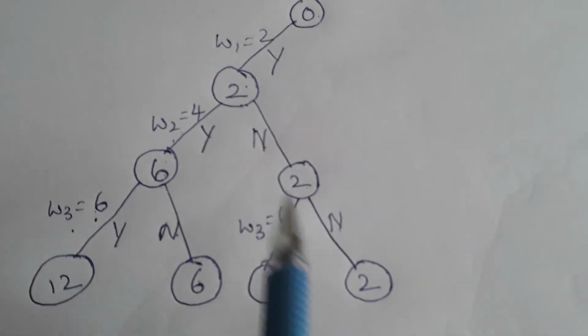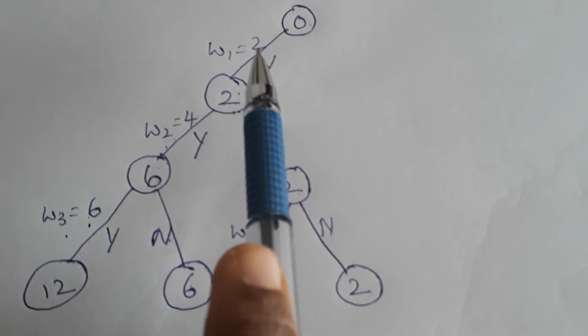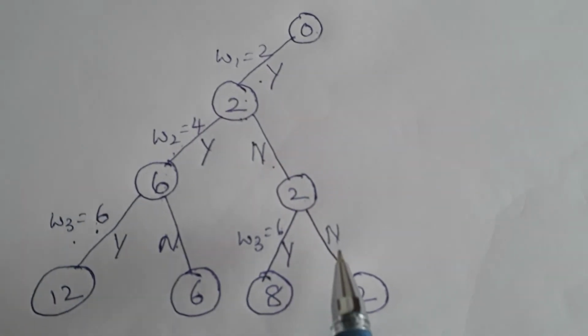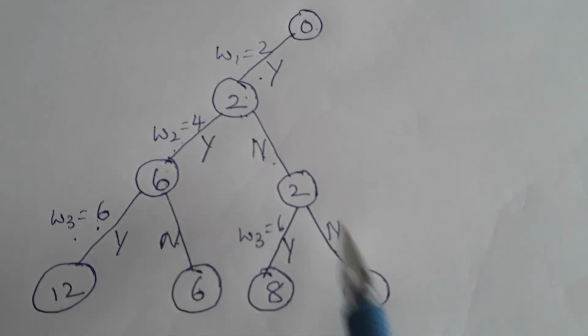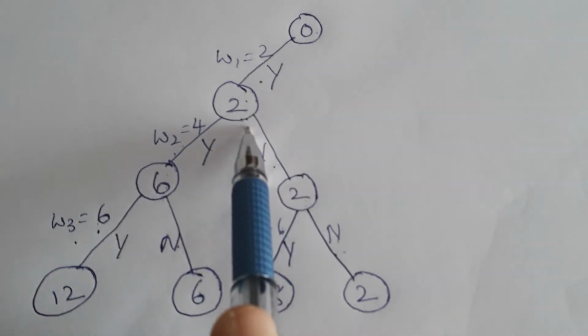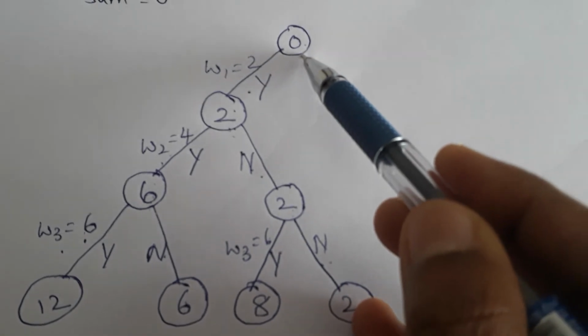Now we have finished the other path, the subset with the single element 2, not considering 4 and not considering the third weight 6. So now we will backtrack to the parent, and to its parent at level 1, and also to the root level.